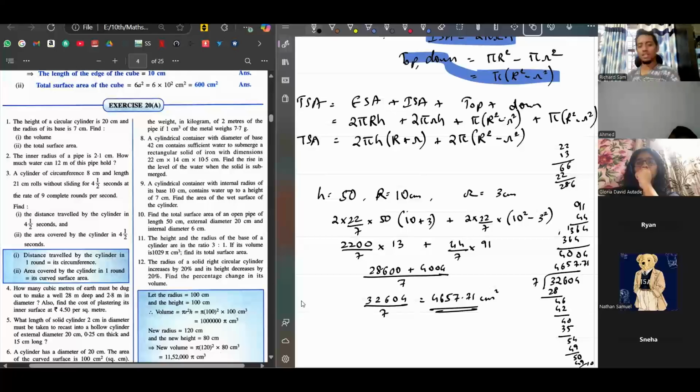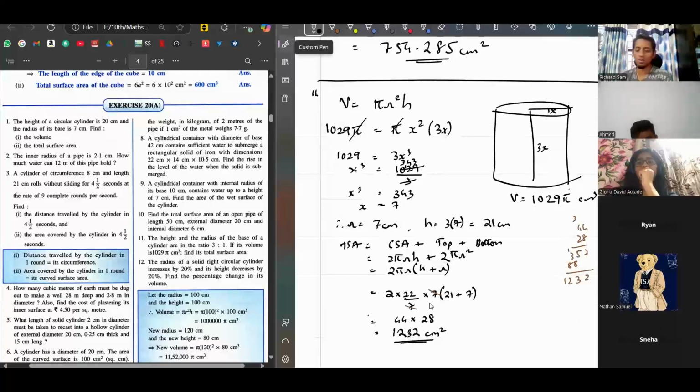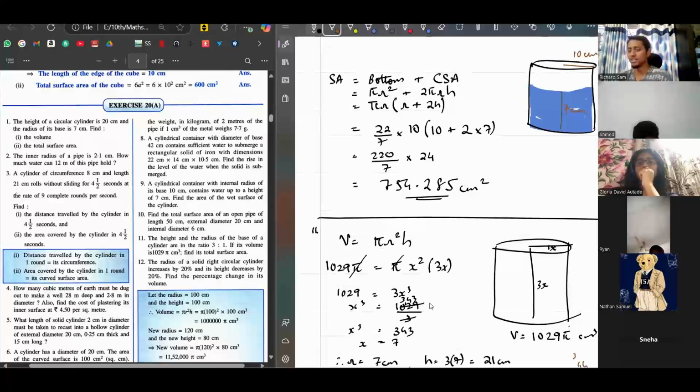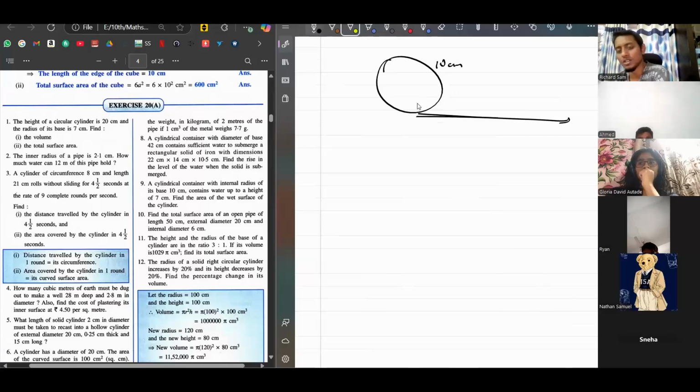Then you have one concept, that is when you rotate or when you roll a circle or a cylinder or a cone, anything that has a circle on it. The circumference of the circle will be the distance covered in one revolution. If the circumference is 10 centimeters, then in one rotation or one revolution of that wheel, it will cover a distance of 10 centimeters.